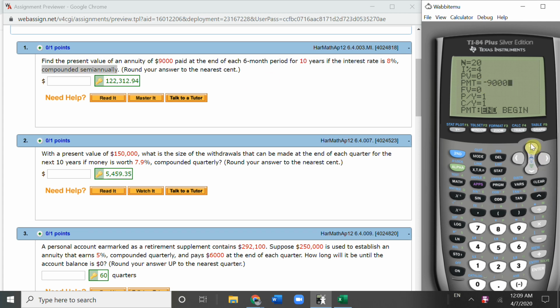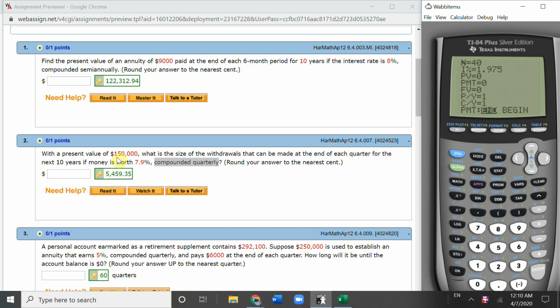So go up to PV, reset to 0, then cover the 0, alpha, enter. So you see we get this answer. Okay, now let's go to the second question. Compounded quarterly. Now 10 years, so 10 times 4, and the interest rate is 7.9 divided by 4.